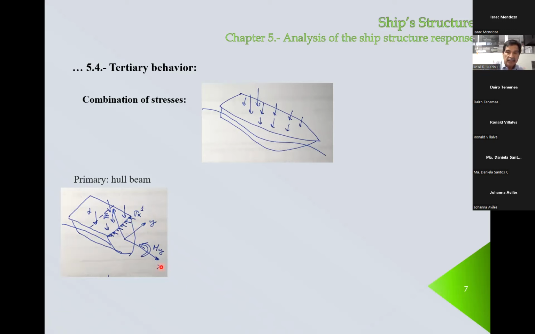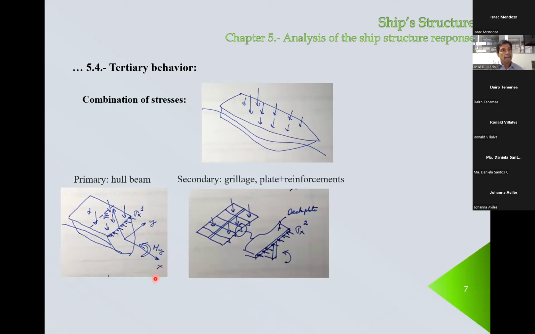Now, what about the secondary? The secondary, for example, is a combination of plating plus stiffeners and girders. In this case, we have what looks like a stiffener, a longitudinal.